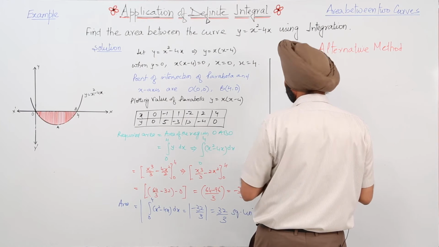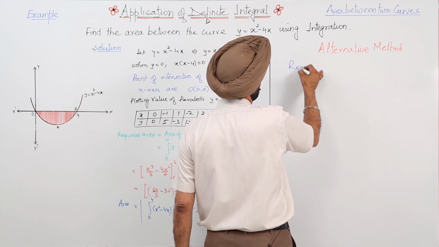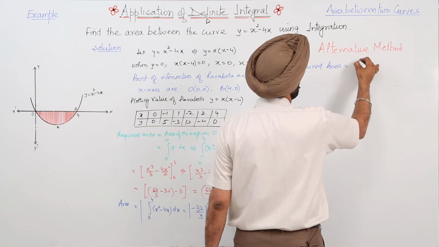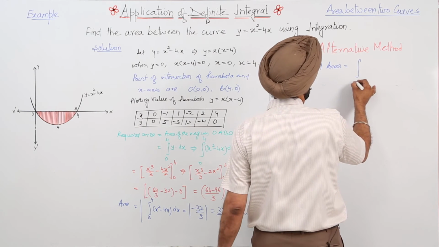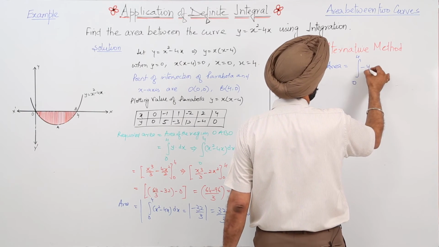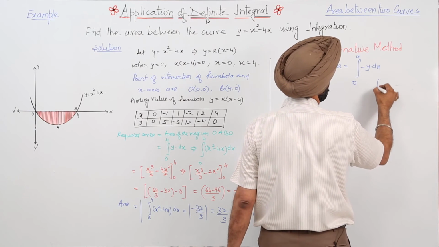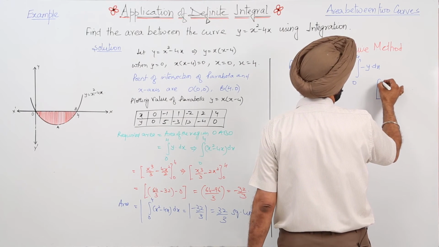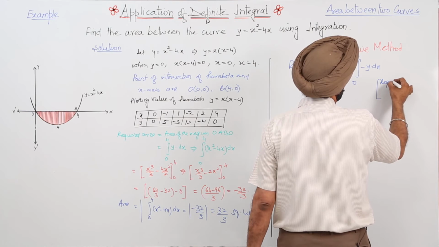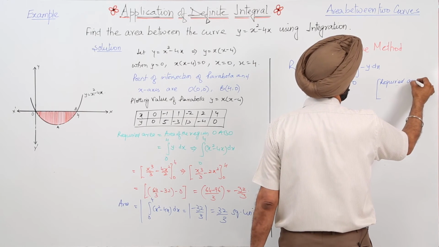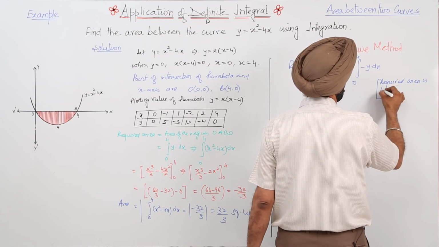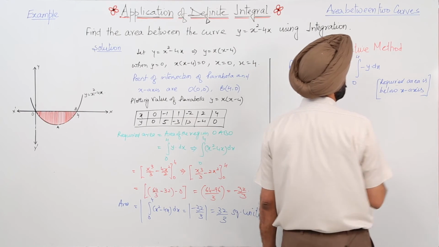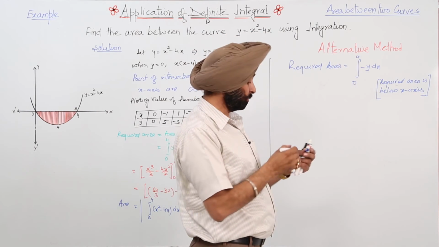Now this says that the required area is equal to the integral from 0 to 4 of negative of y dx. Negative of y dx means what? The required area is below the x-axis. Is it clear? The required area is below the x-axis, so that's why we are taking negative of y dx.